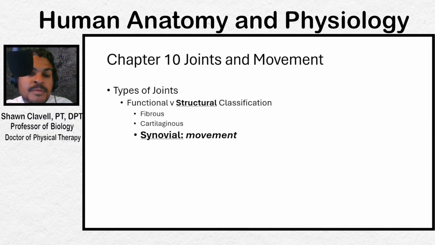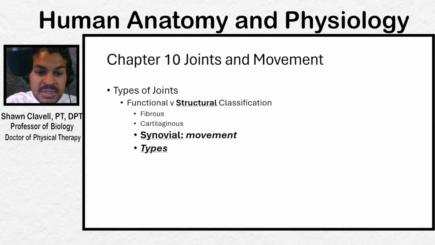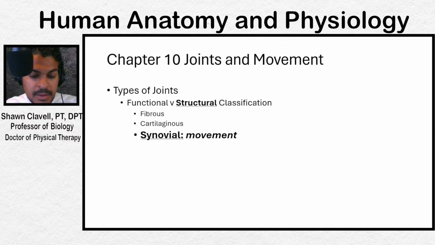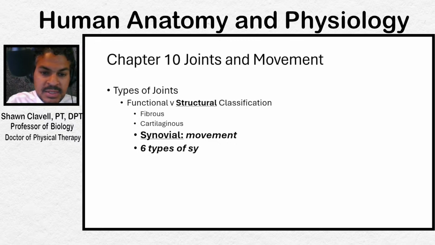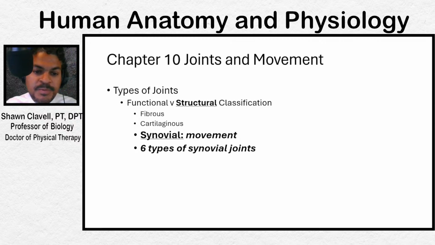We look at the form and function of each of these different synovial joints. As you can see, we were talking about the types of joints. We talk about the synovial joints particularly, but then there are 6 types of synovial joints.